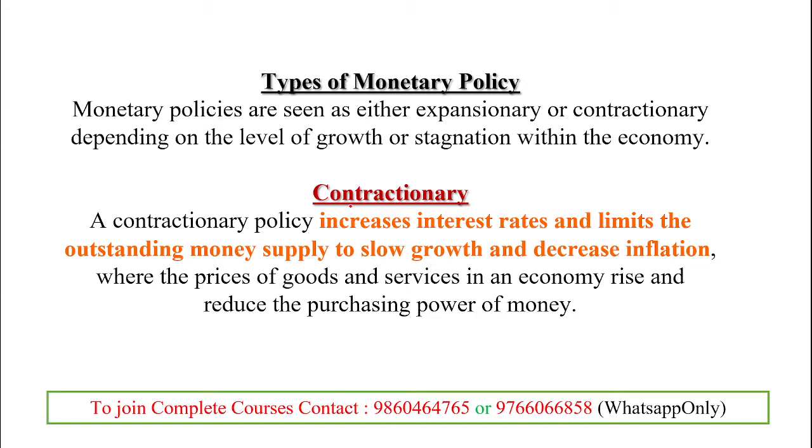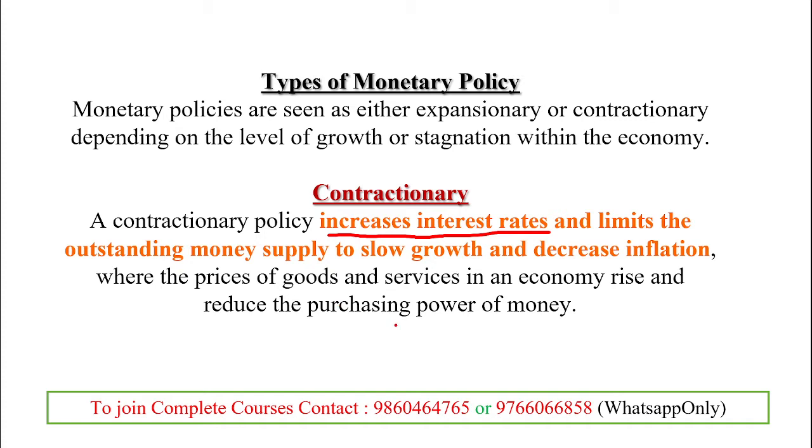First one is contractionary. Contractionary in the sense that it will reduce the economic growth, thereby keeping the money supply controlled. So we want to increase the interest rate and thereby limit the outstanding money supply to slow growth and decrease inflation.